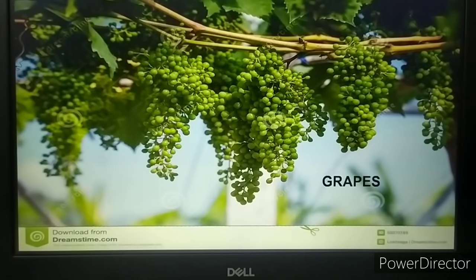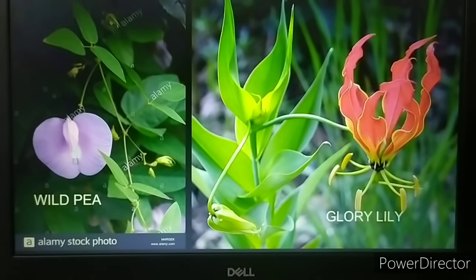They are sensitive to touch, which means when it comes in contact with any support or any object, it coils around it and helps the plant to climb. Some other examples of the leaf tendrils are the wild pea, glory lily, and already you have seen one example of grapes. There are many more examples.